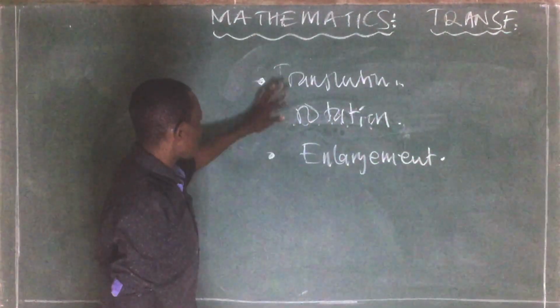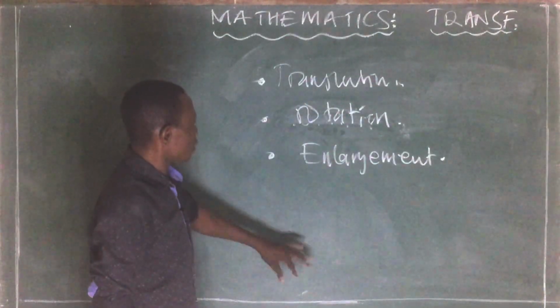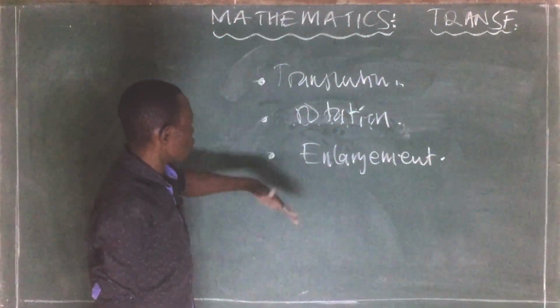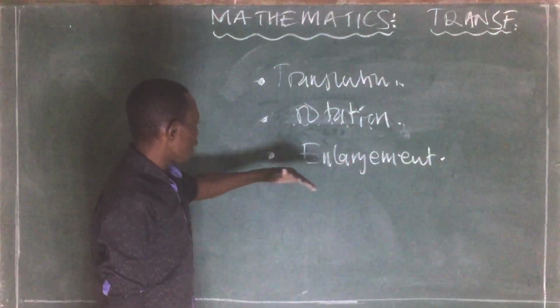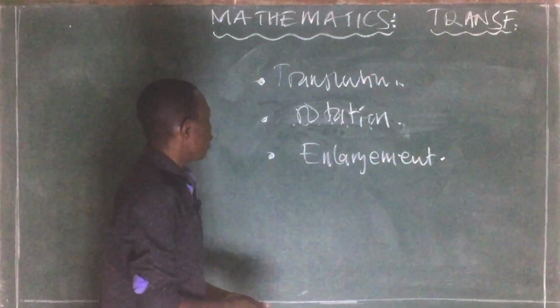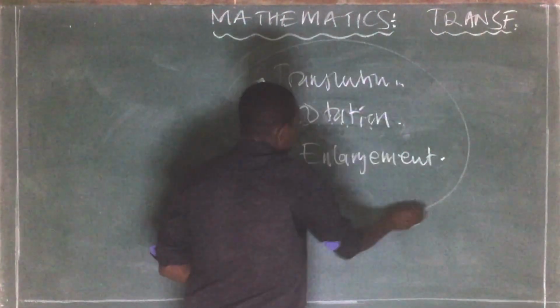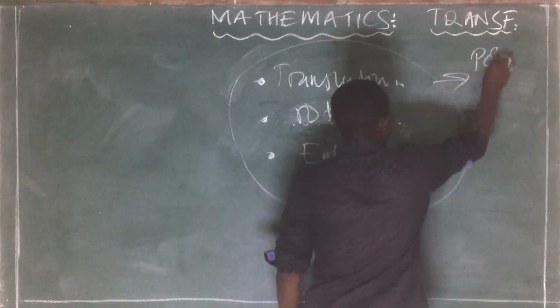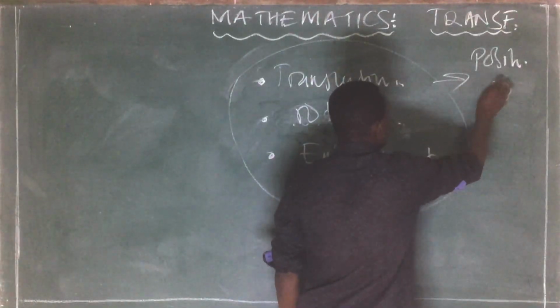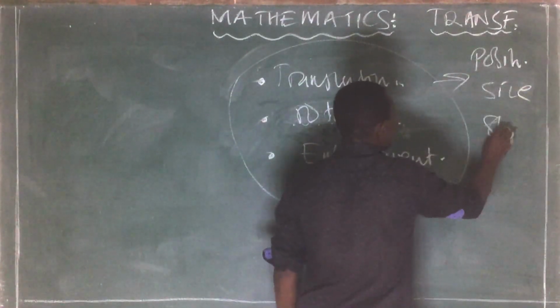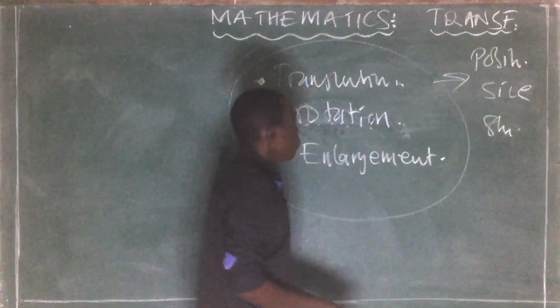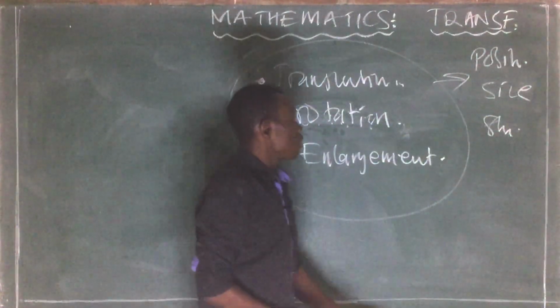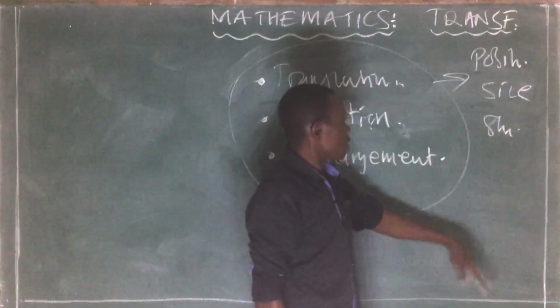So we are talking of the 3 ways an object can transform: one, translation; second, rotation; last, enlargement. These 3 things are the ones that make an object change its position, size, or shape. If the object is tampered with in this way, you'll be able to see it: either the position, the size, and the shape changes.